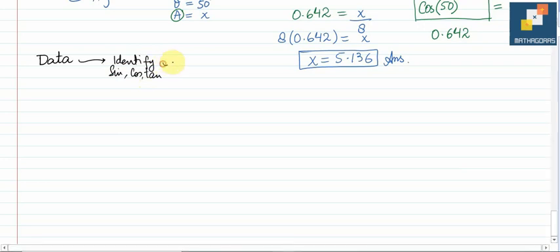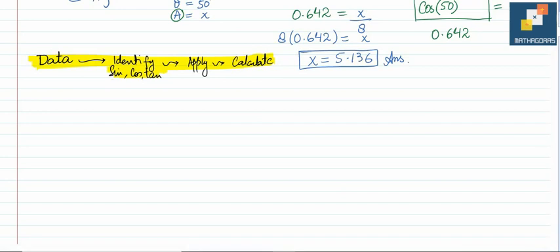After the identification, apply your working formula and calculate the value of unknown. Now that is a sort of flow chart to solve questions of basics trigonometry. I highlighted it so that it imprinted on your mind how you are going to solve the questions of trigonometry, any question.